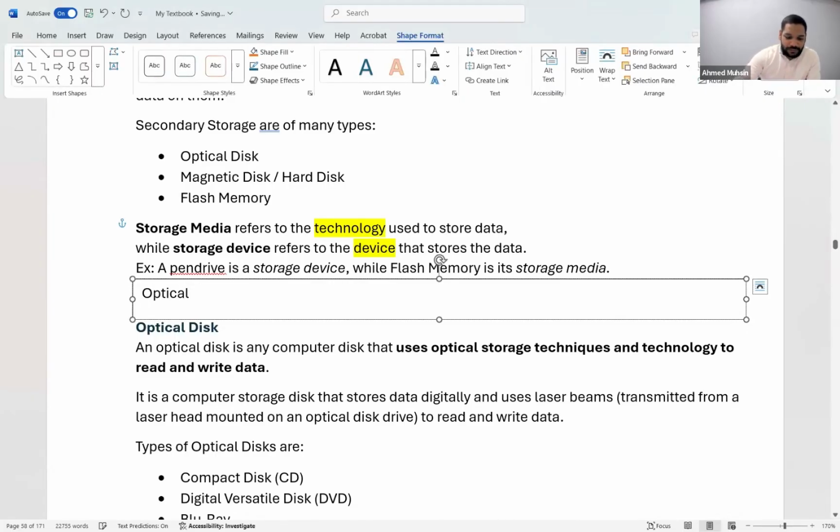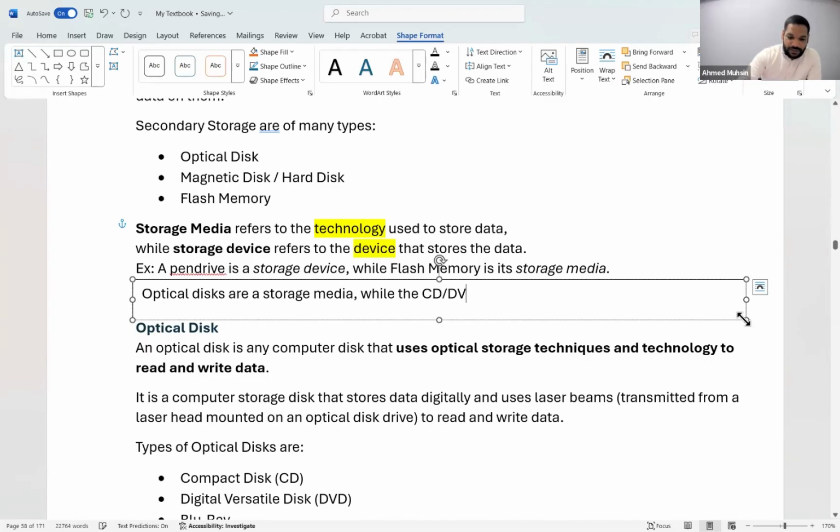So optical disks are a storage media, while CD/DVD/Blu-ray are storage devices. Are we okay with this? These are your storage devices. The actual hardware, we call it storage device. Okay, so you can see this, right?